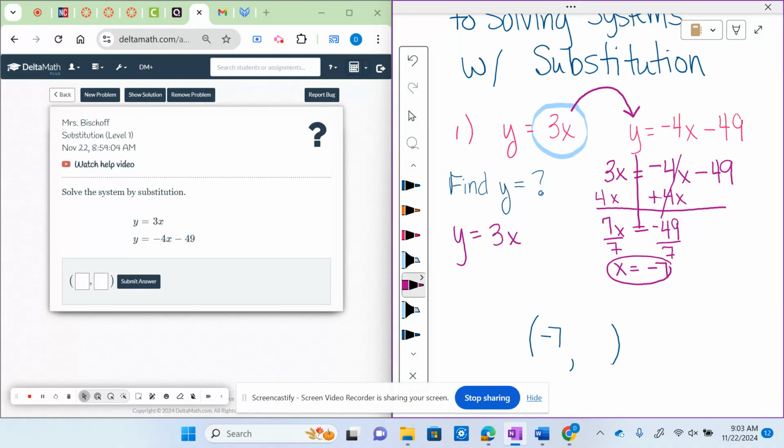We didn't do anything with the y equals 3x. So if I let x equal negative 7 in that equation, that means I have y equals 3 times negative 7. What is 3 times negative 7? y equals negative 21. So the y coordinate of my system is y equals negative 21. So my entire solution is negative 7, comma, negative 21.